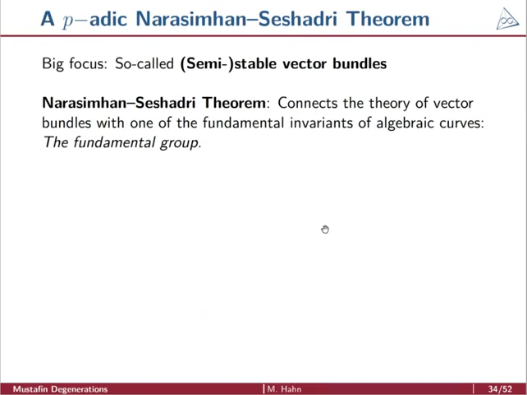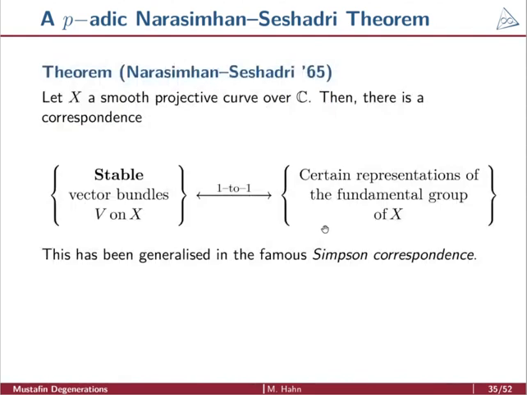This is a very strong theorem that connects the theory of vector bundles with one of the fundamental invariants of algebraic curves, namely the fundamental group. It's already in the name how fundamental this invariant is. And it states the following. Let X be a smooth projective curve over the complex numbers. And I should say the complex numbers are not a discretely valued field.